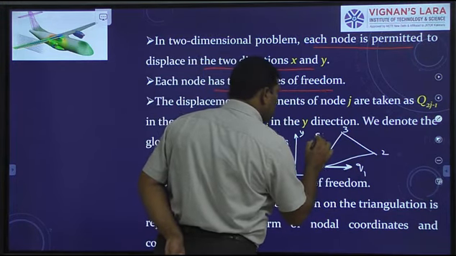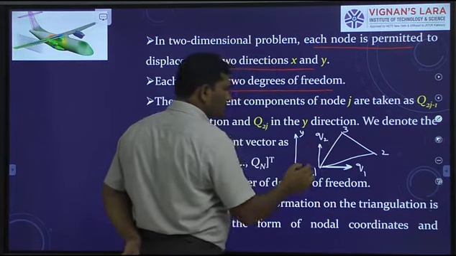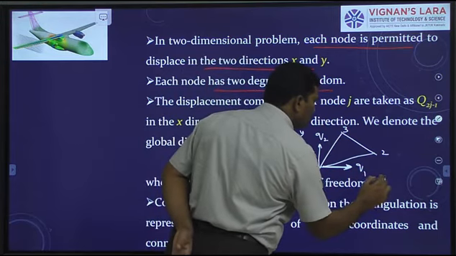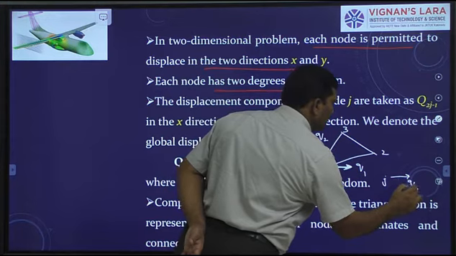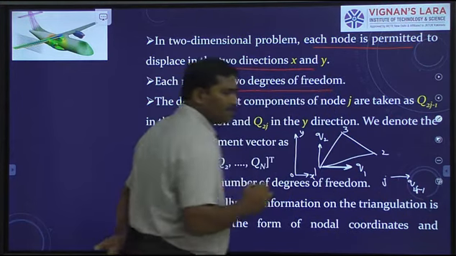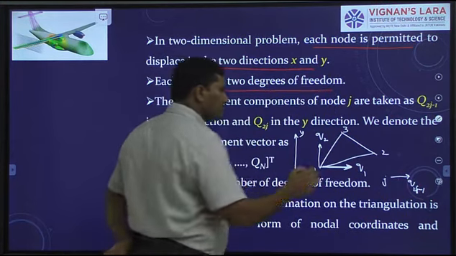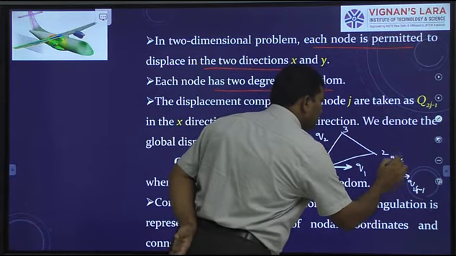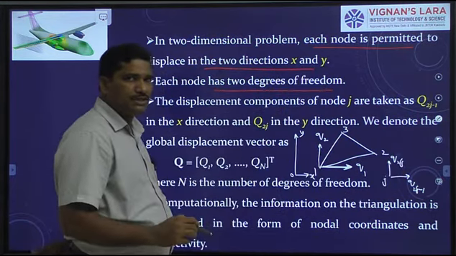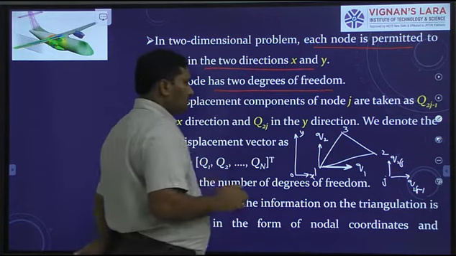And what is the other displacement? Q2. I told you if J denotes the node, Q2J minus 1 is the displacement in the direction of x-axis, and Q2J is the displacement in the direction of y-axis. This convention I follow.